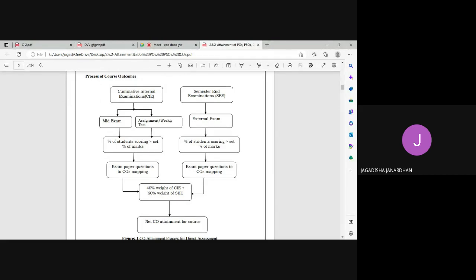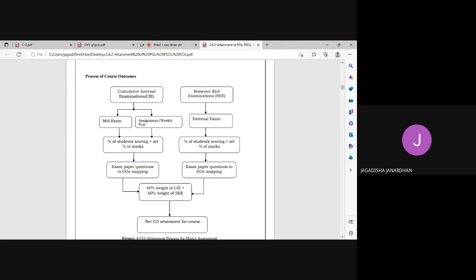Here, the process of course outcome has been divided according to this picture. You can see the cumulative internal examination and the semester end examination. On both the results, we are going to evaluate the course outcome. So course outcomes can be mapped, and together it can be computed for program outcomes.